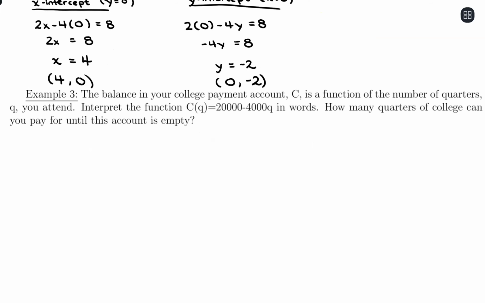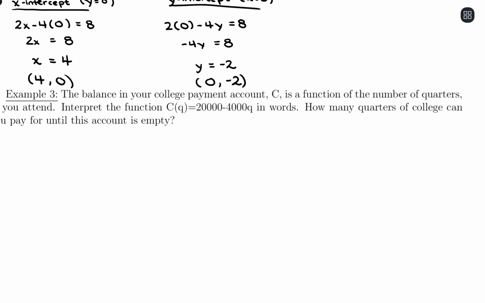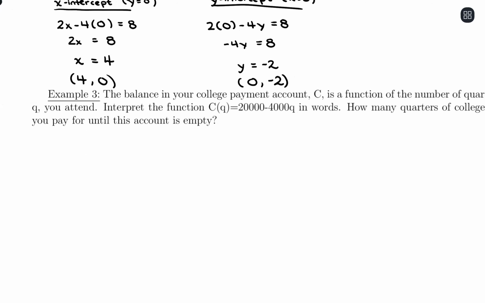So we have the balance in your college payment account C is a function of the number of quarters you attended. So we're getting this function C of Q, that C gives the balance that needs to be paid, and Q is the number of quarters you attend.